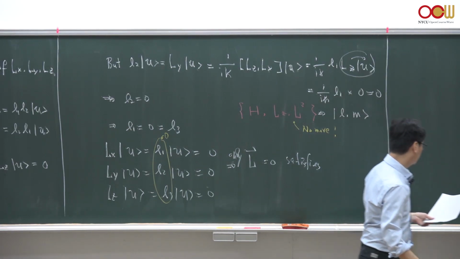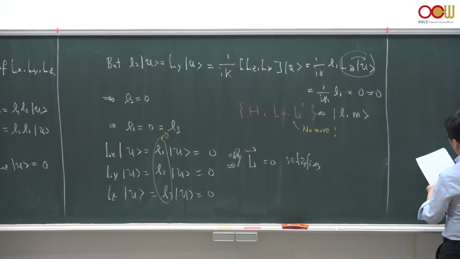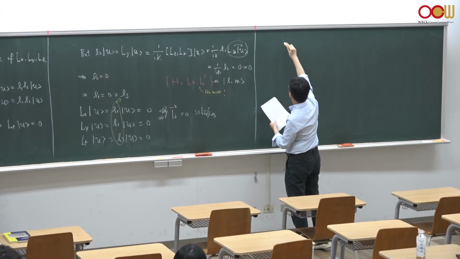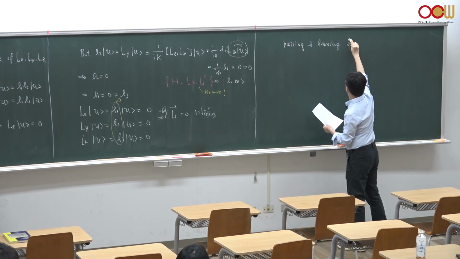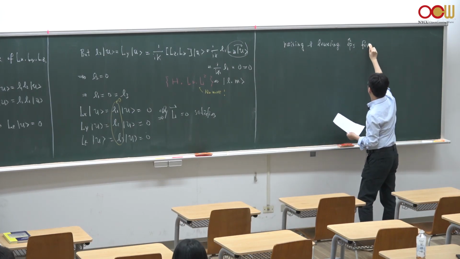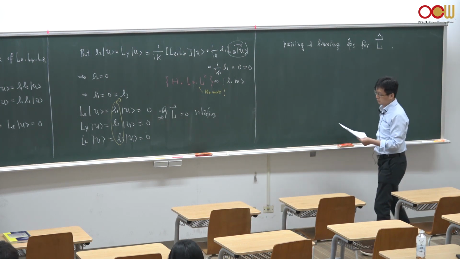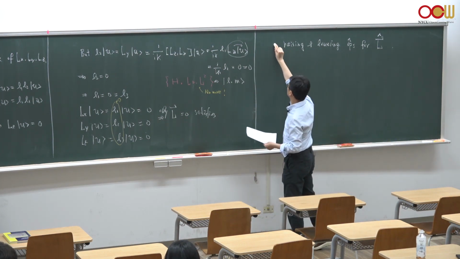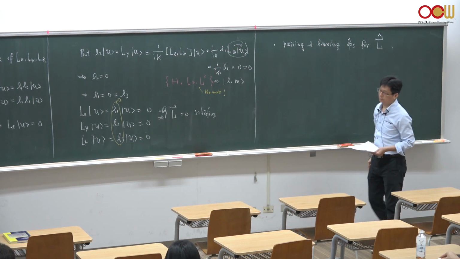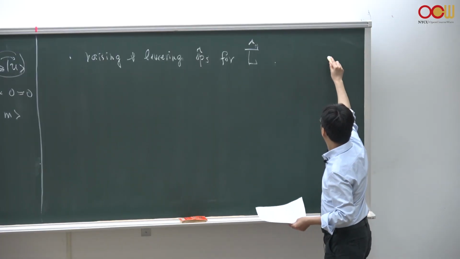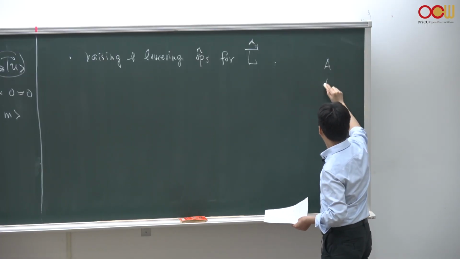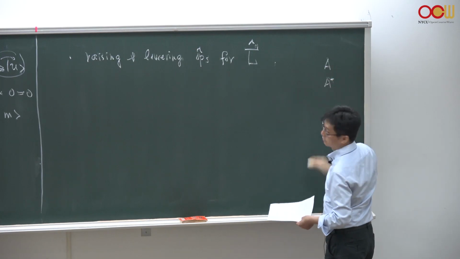And we will do it by defining the raising and the lowering operator for the angular momentum operator, just like what we did before in the harmonic oscillator problem, where we defined the A and A dagger operators. Remember that?